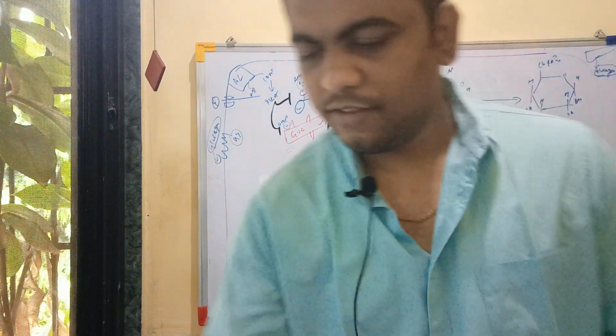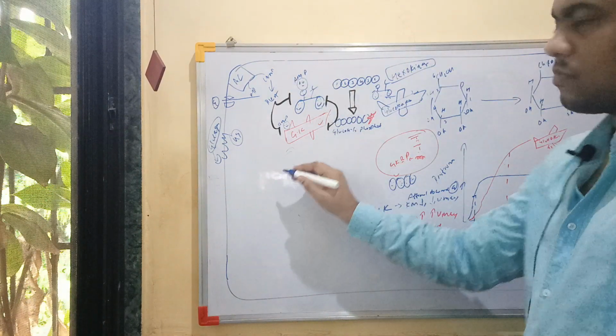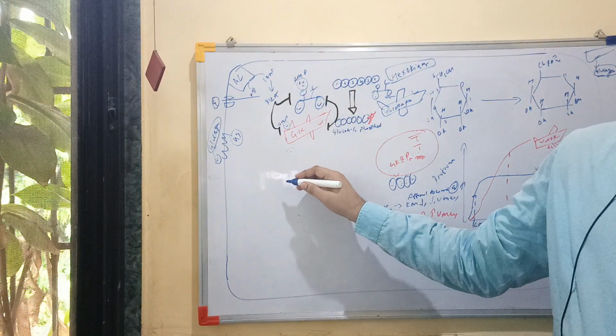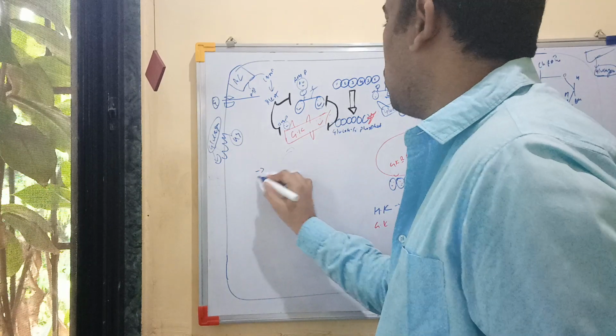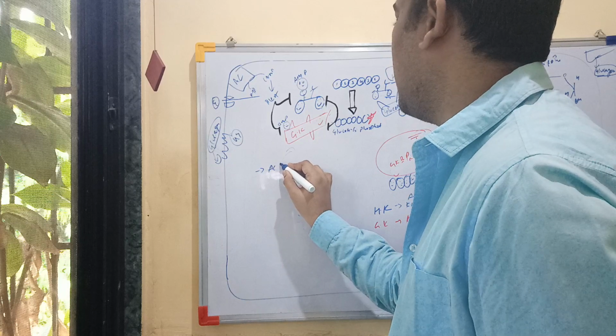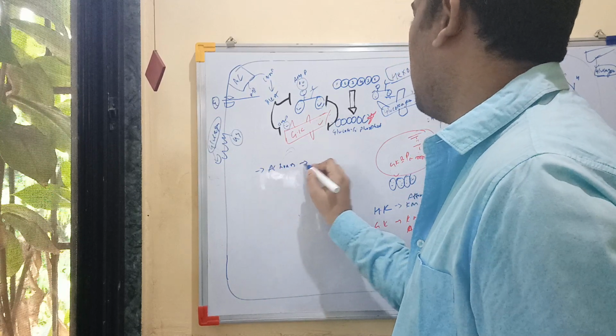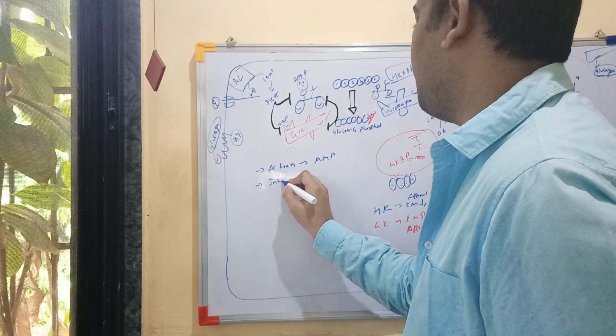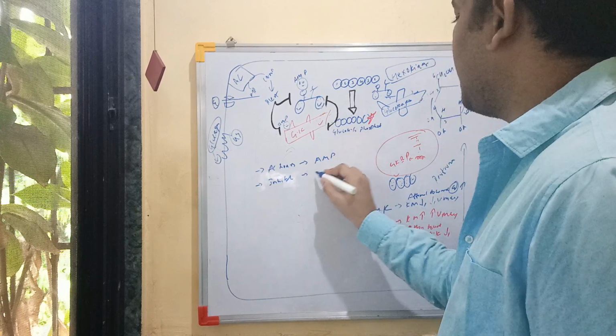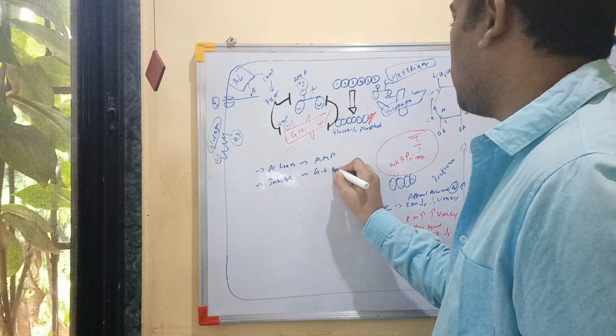If we talk about regulation of this, which are activators? Activators: AMP. Inhibitor is glucose 6-phosphate.